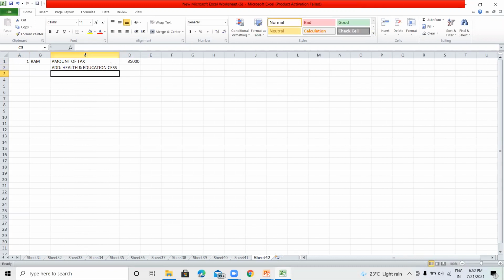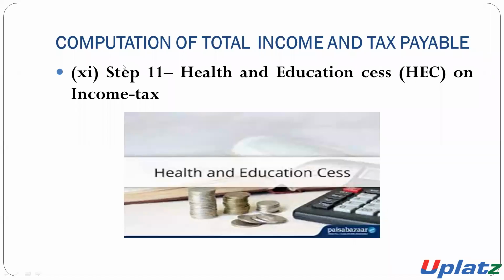The rate of health and education cess is 4%, which means the education cess will be 1,400 rupees on such 35,000 rupees.